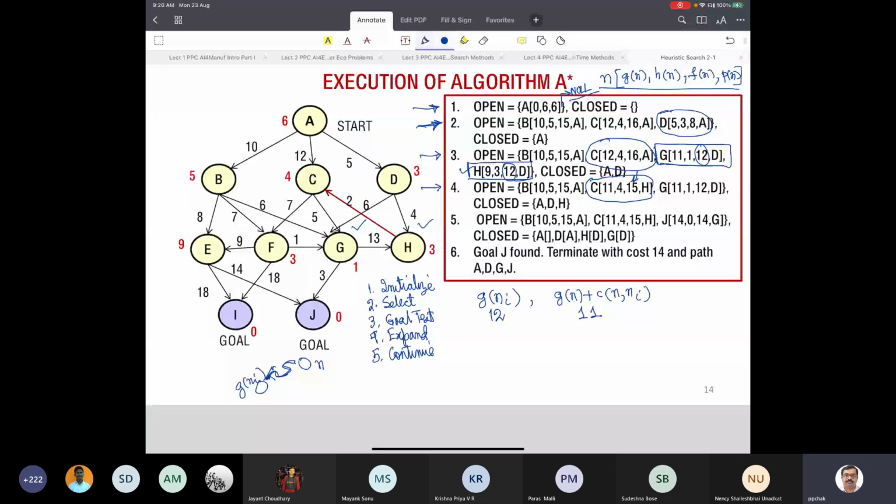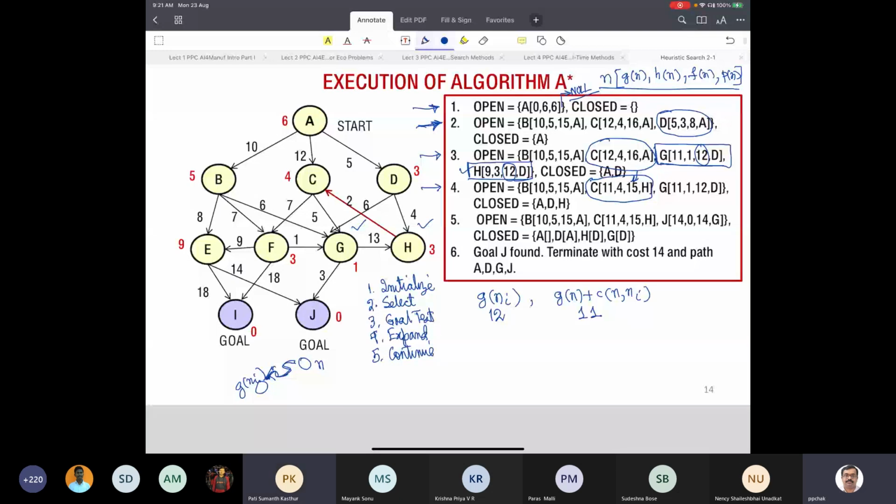Now, Pati, Sumant, Kastur, are you there? Yes, sir. So now in the next step, which node is removed? After removing H and updating the value of C, which node is removed?